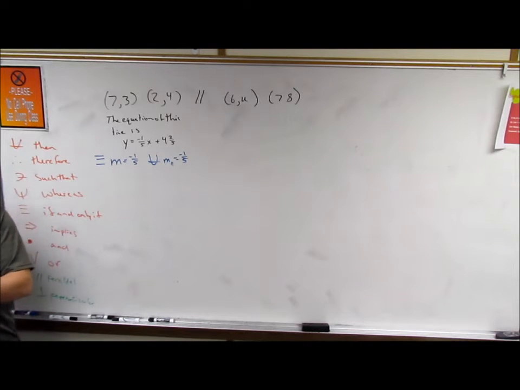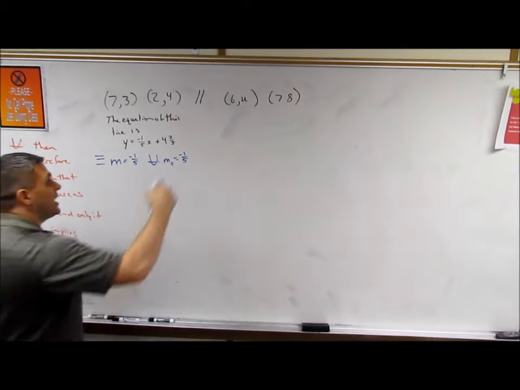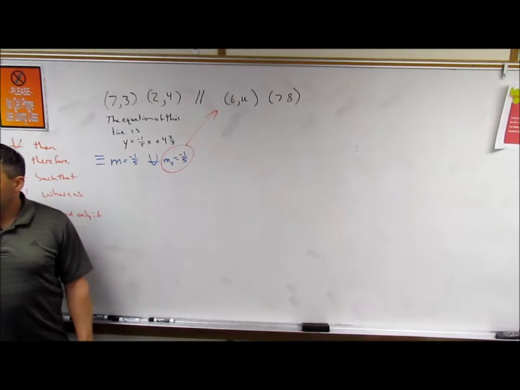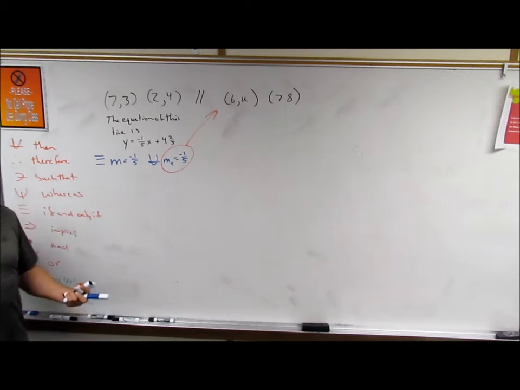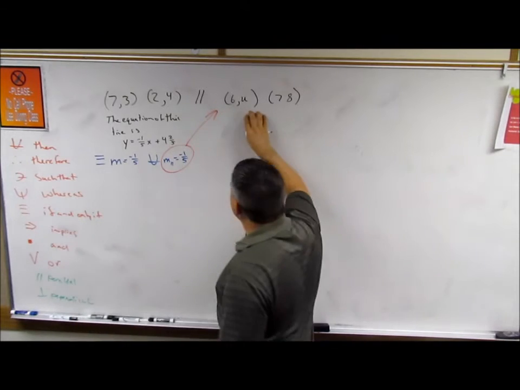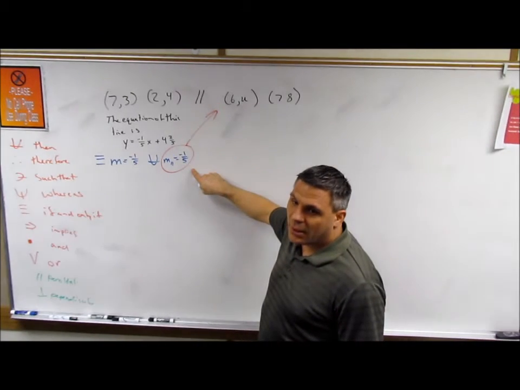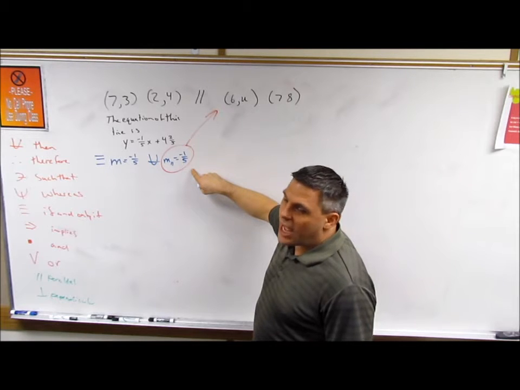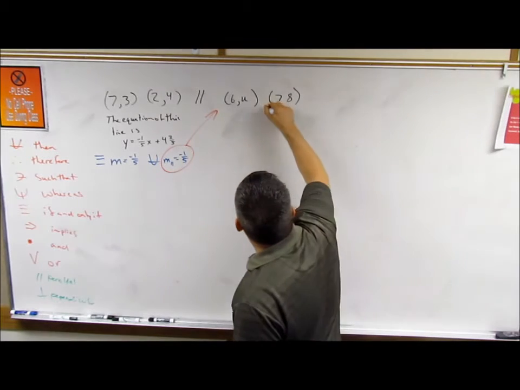That gives me my slope for the second equation. My m parallel has to be the same. So the slope for this equation is given. So I have a slope. I have a point.